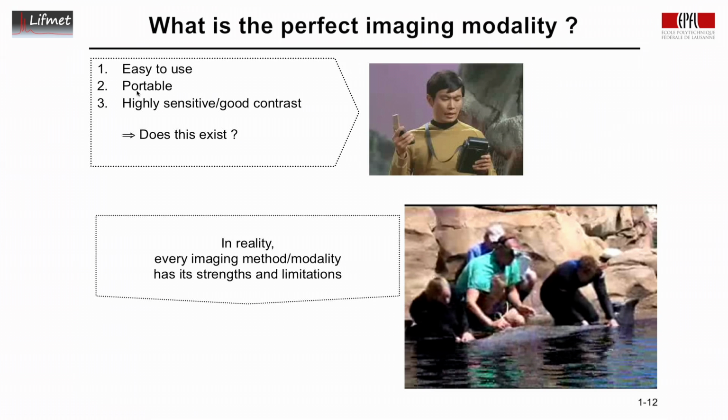And we have limitations as well in the techniques. And the goal of this course is to bring closer to you an appreciation of these strengths and limitations of these techniques, and particularly the physical reasons that are behind it, because there are physical reasons, the biophysical or physical phenomenon that we are exploiting for these imaging techniques.